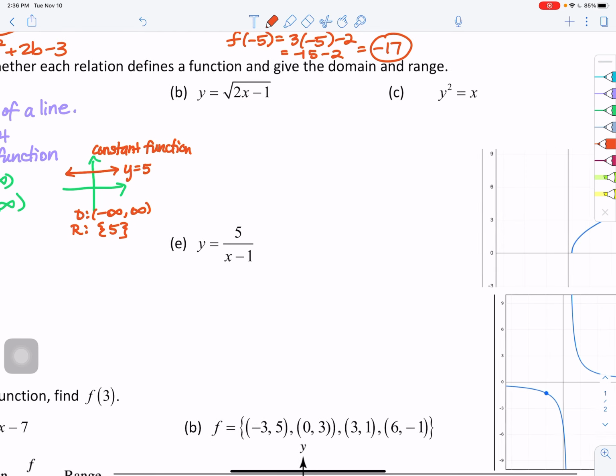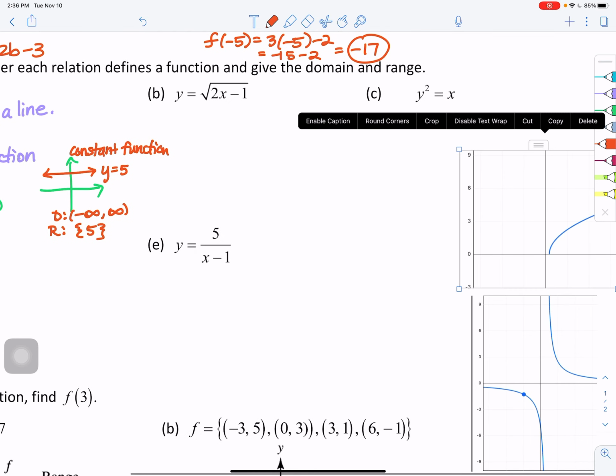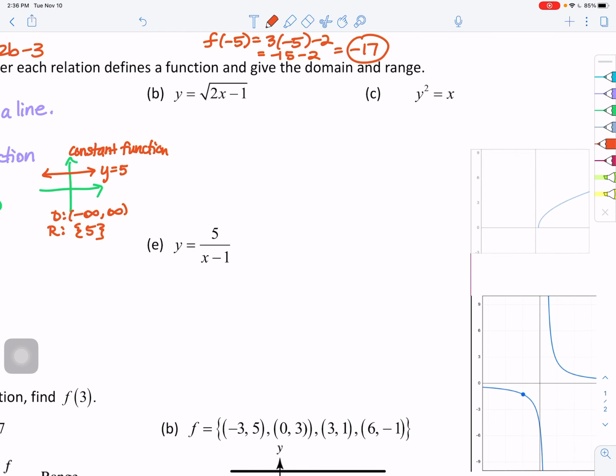Now I went ahead and graphed this in my calculator so that you could see the square root function. There's a couple of things I want you to know. First of all, the square root function looks like that.